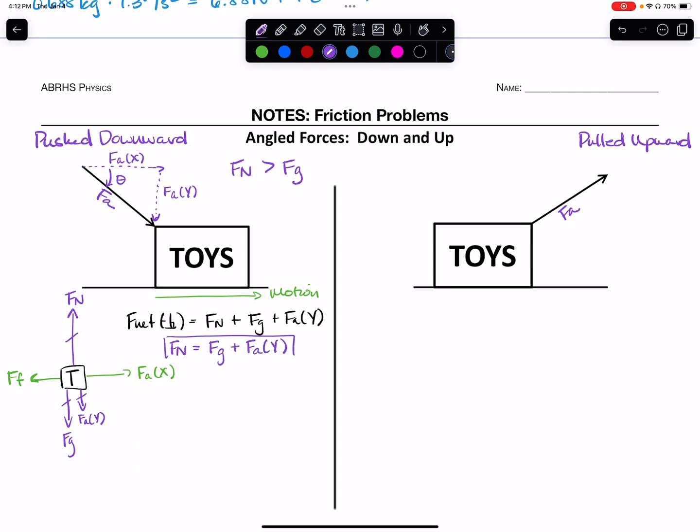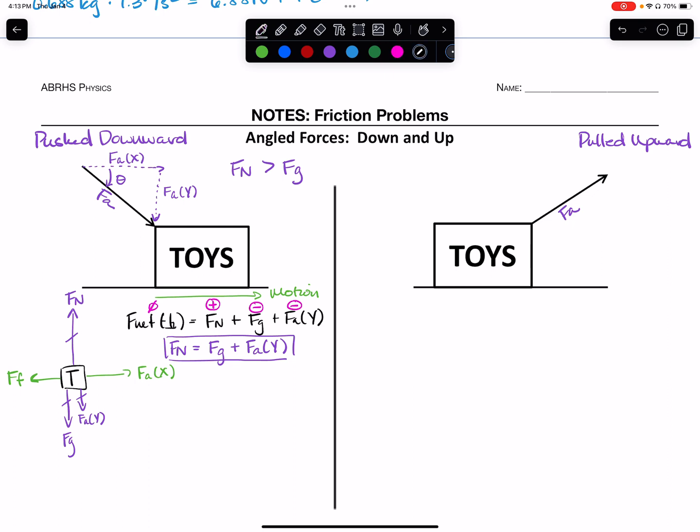This is really important because it's going to matter when we calculate our friction value. For signs, remember the normal force points up, so it's positive. The gravitational force and the Y component both point down, so they are negative. And because we're not moving in this direction, the net force must be 0.